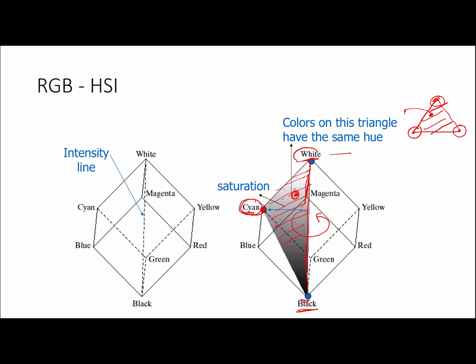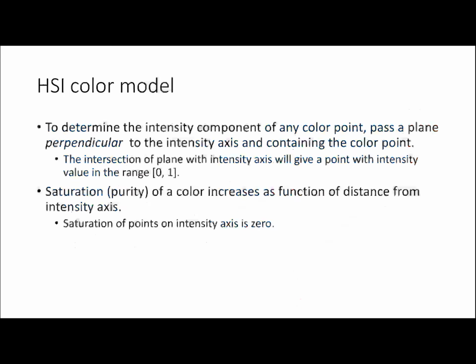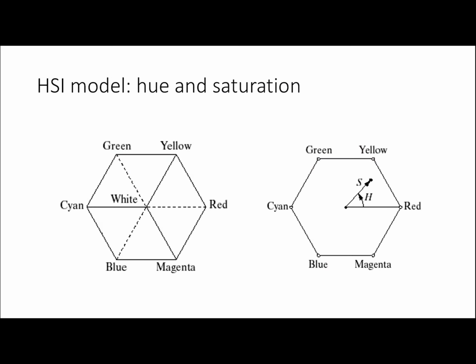In order to do that, suppose I take the projection of that RGB cube on a plane which is perpendicular to the intensity axis. Then the different vertices of the cube will be projected on a hexagon as shown here.